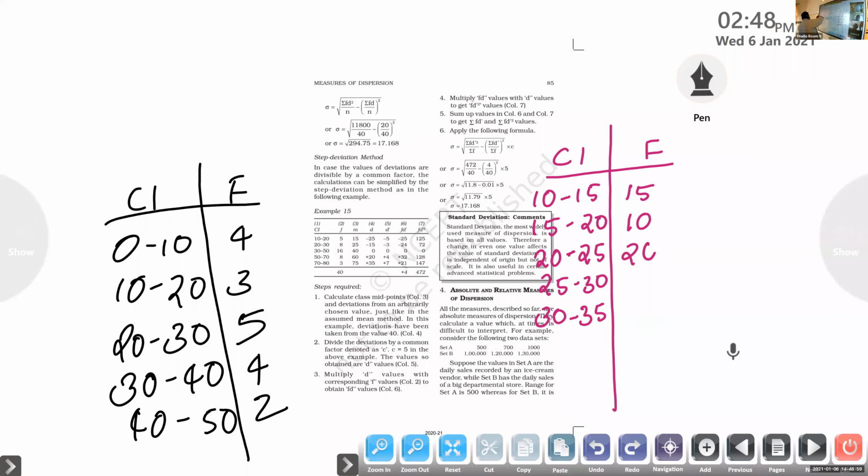This is the first work and this is the second one. Complete the first one first and send me the answer.